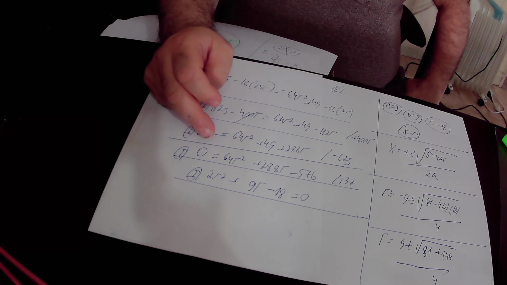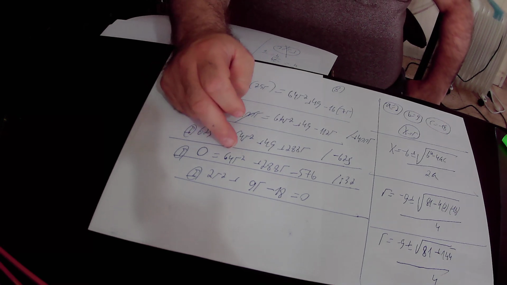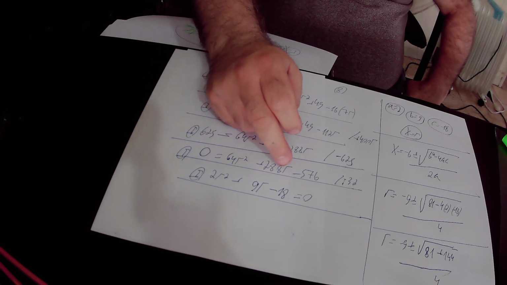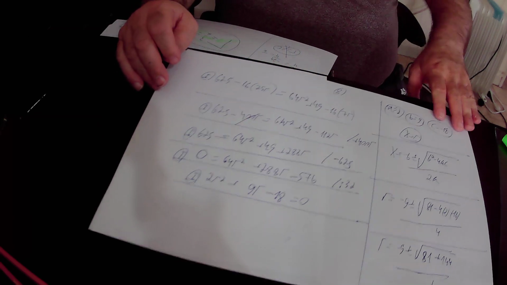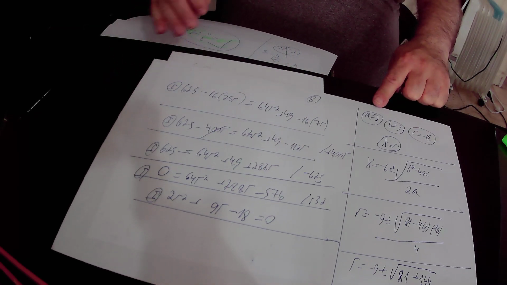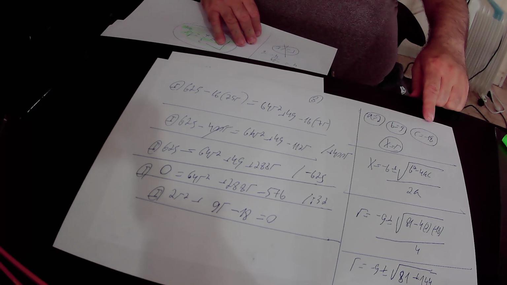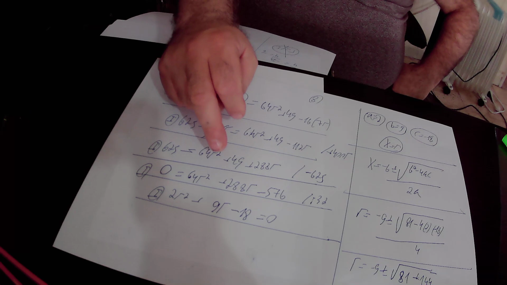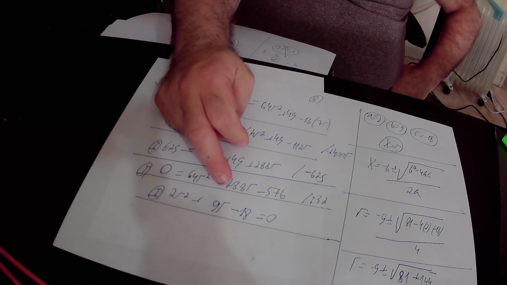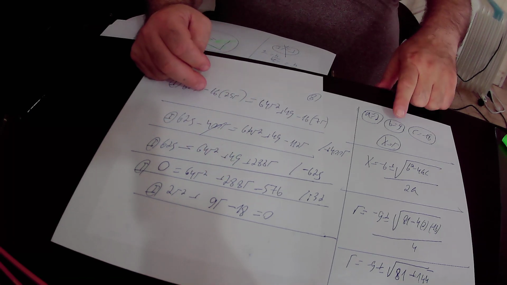So in conclusion, we got the quadratic equation that 2r squared plus 9r minus 18 equals 0. In this quadratic equation, the coefficient a equals 2, the coefficient b equals 9, the coefficient c equals minus 18, and the variable that we are looking for in this quadratic equation is small r. So x equals r.